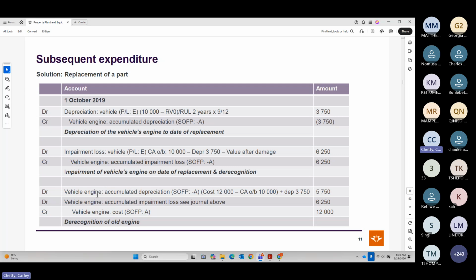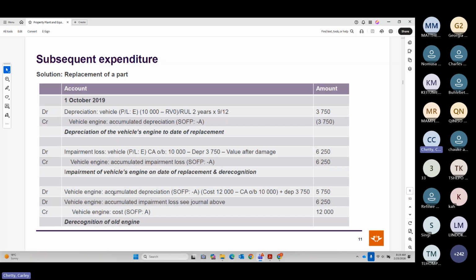And remember, when we did accumulated depreciation, we credited the accumulated depreciation account. So now we need to strip that out, and we do that by debiting the accumulated depreciation and impairment accounts. So here you'll see they split the accumulated depreciation from the accumulated impairment loss account. You can show these separately or together.